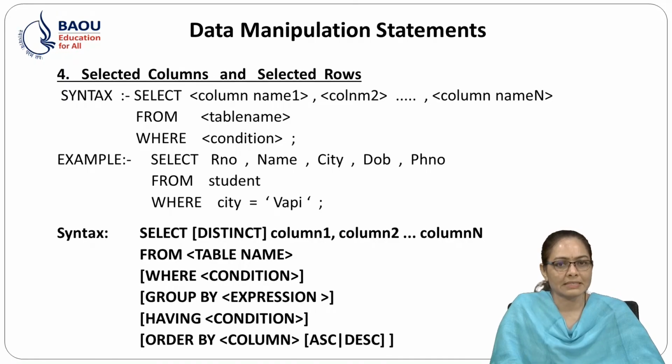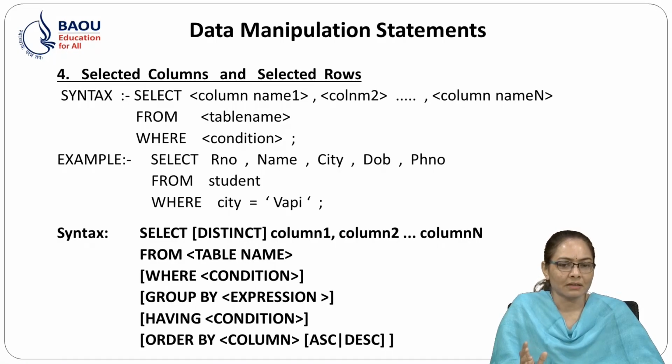Here the distinct is used in a select command. The distinct is used with the select command when we display the records without duplication. See in the syntax, if we display all the records of the student table, there are so many repeated records in the student table. So how can we display only unique records if we do not give the primary key in this table?